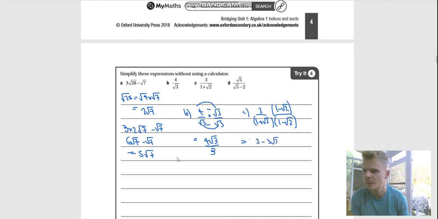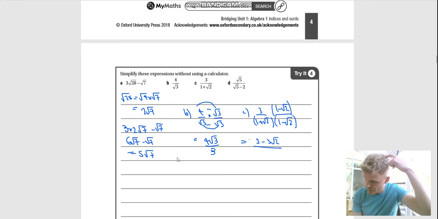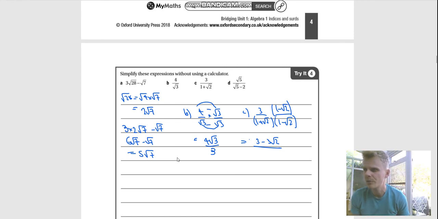And let's have a look at the result when you multiply the denominator by its conjugate. We get 1 times 1, which is 1, and 1 times minus root 2, which is minus root 2, and root 2 times 1, which is plus root 2, then root 2 times minus root 2. Root 2 times root 2 is 2, but with the minus, it's minus 2.